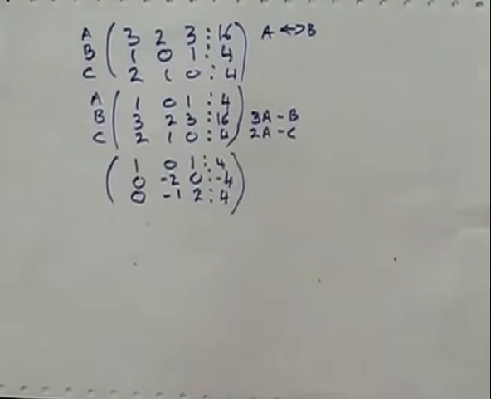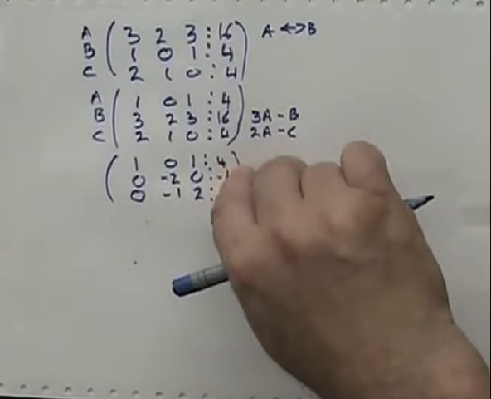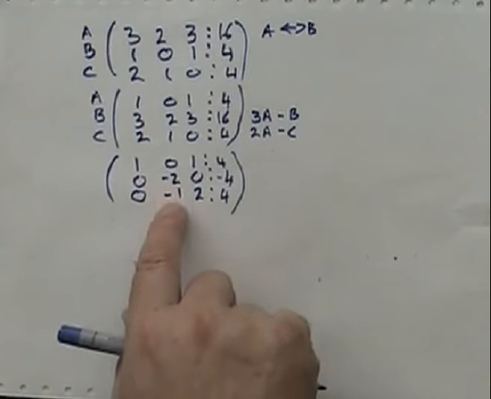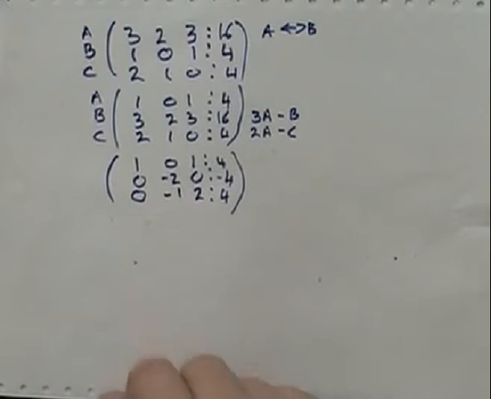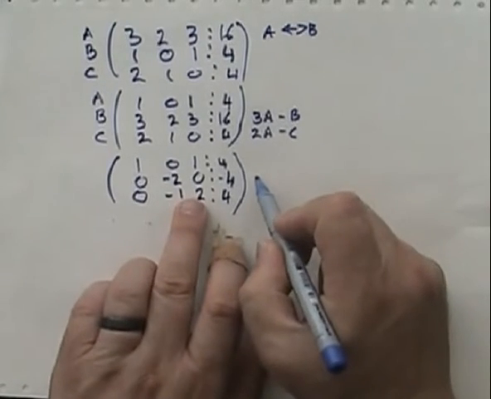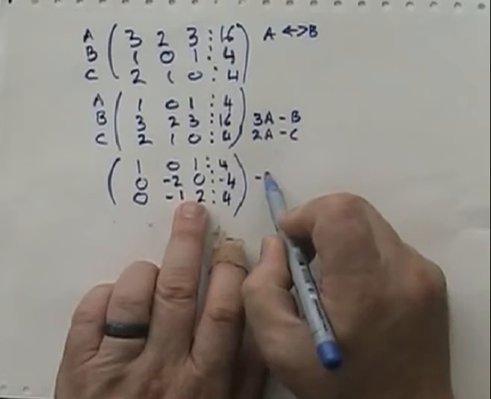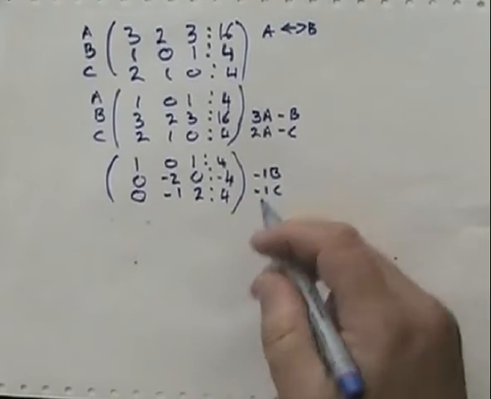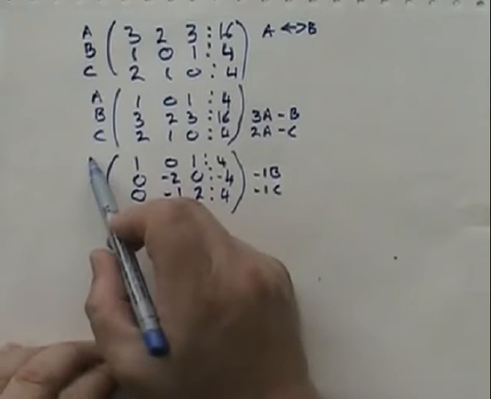So we now have this. Looks really cool. But I don't like these negative numbers here. And so I'm just going to go row B becomes minus 1 times row B, and minus 1 times row C. Because remember, rule 2 says you can multiply by a scalar.